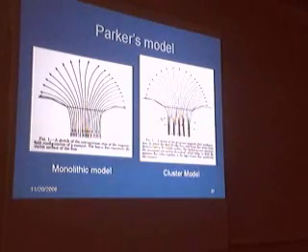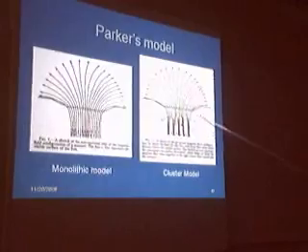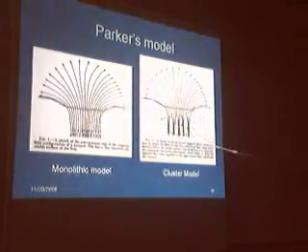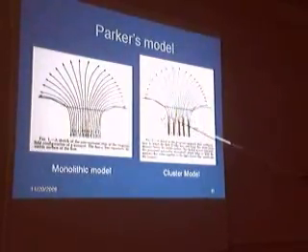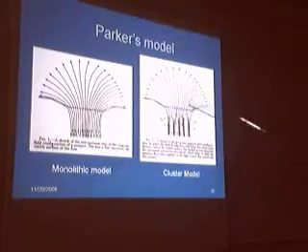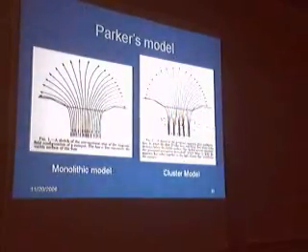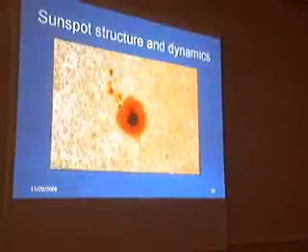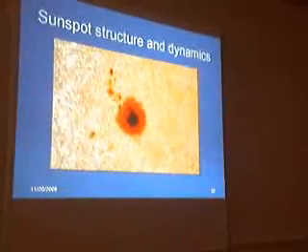And then Parker suggested that maybe there are some flows below the sunspots, and then just dynamic force will hold these magnetic field lines together. We call it the cluster model, because it's otherwise very difficult to explain the stability of sunspots and their formation where it's concentrated. So I'll show what we see now by helioseismology.